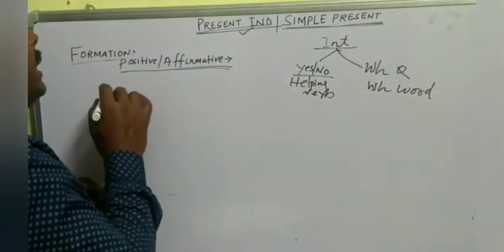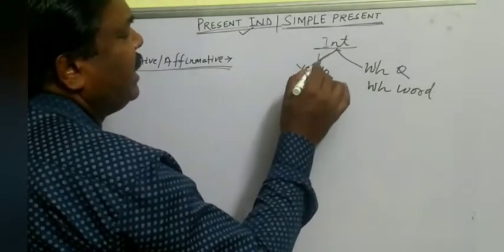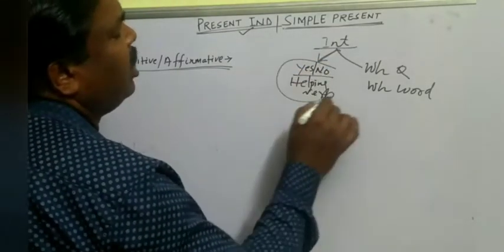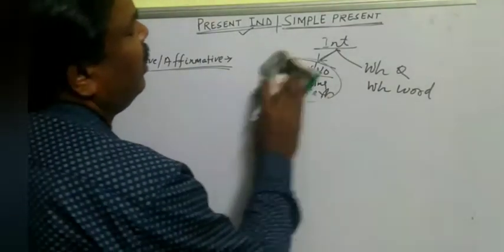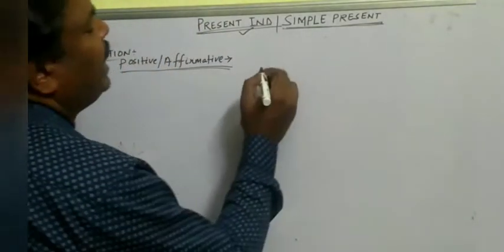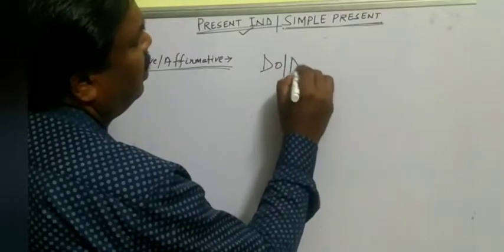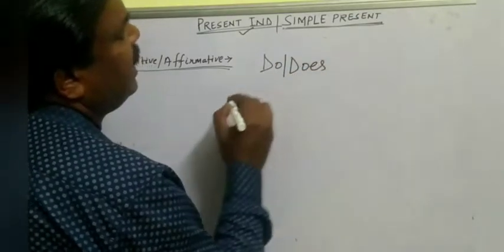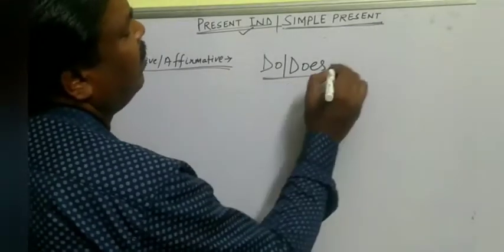So what is the formation of interrogative sentences? That is, a yes or no question means that it starts with the helping verb. Is it clear? First of all, we shall use do or does. In interrogative sentences, we shall use do or does. This is called helping verb.